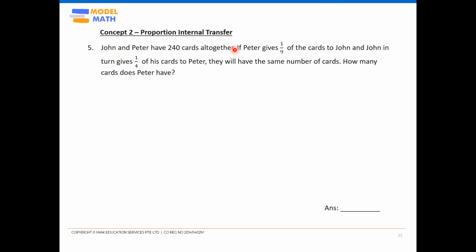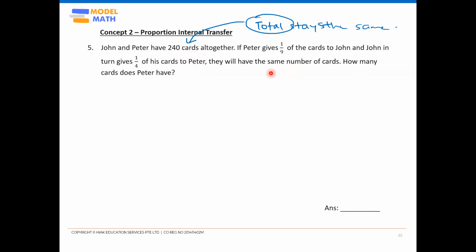Now moving forward, what should we think of? Remember in the internal transfer question, there is something that stays the same throughout. It will be your total. In this case, luckily they already gave it to us, which is a very helpful piece of information to help us solve this question.